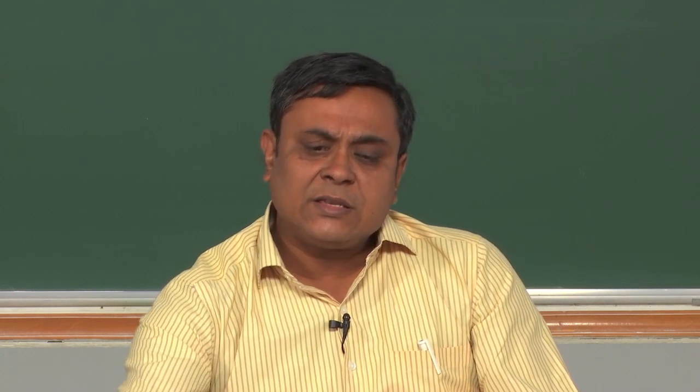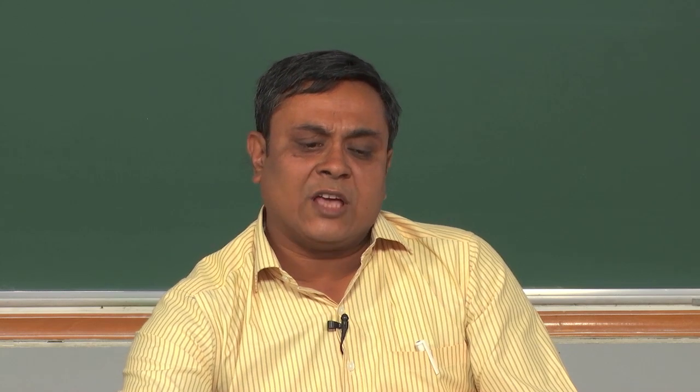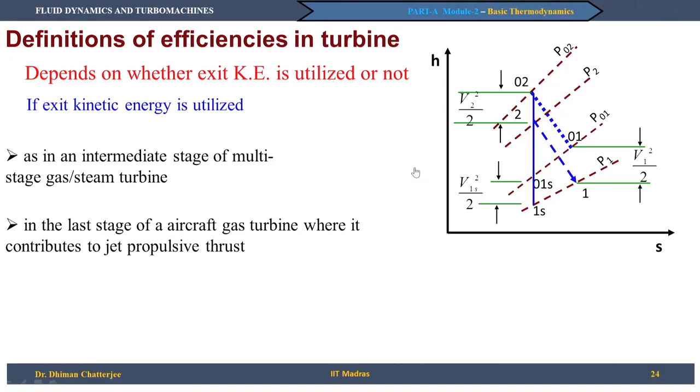Hence in this case we can say that the exit kinetic energy can be utilized in two cases: as an intermediate stage of a multi-stage gas or steam turbine, and in the last stage of an aircraft gas turbine where it contributes to jet propulsive thrust. And in these cases we define an efficiency in terms of eta TT.